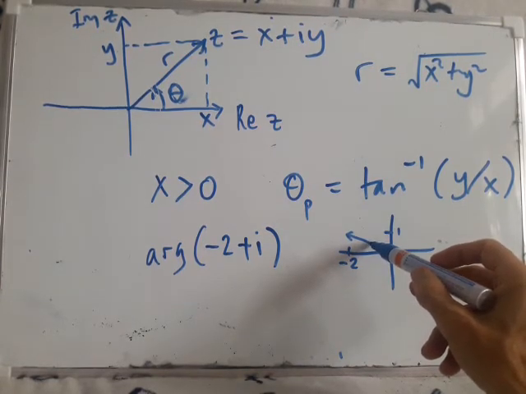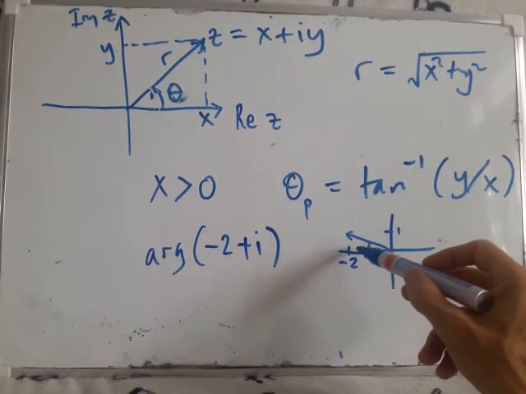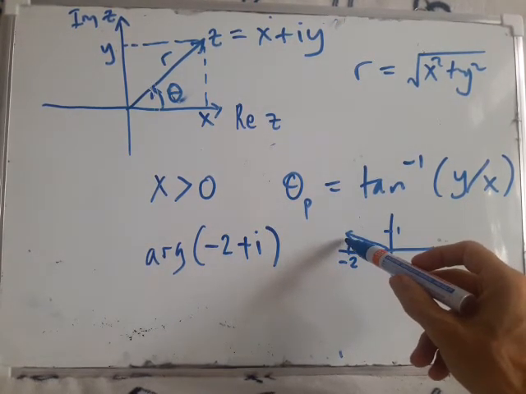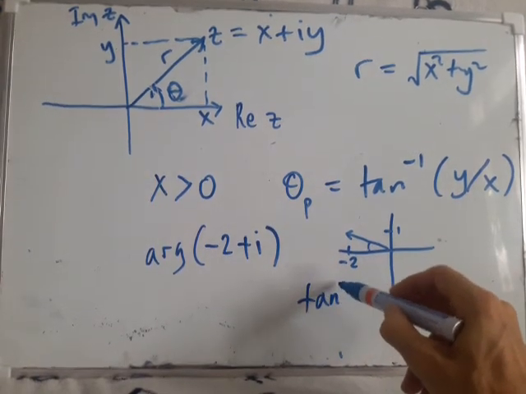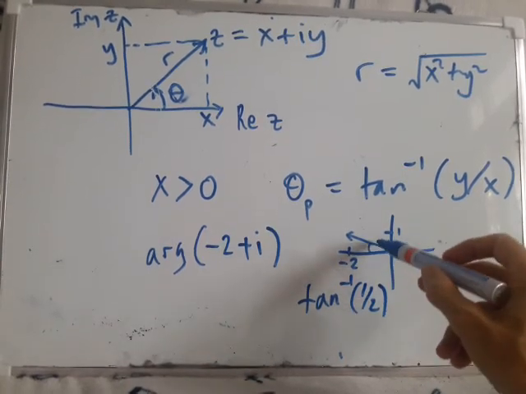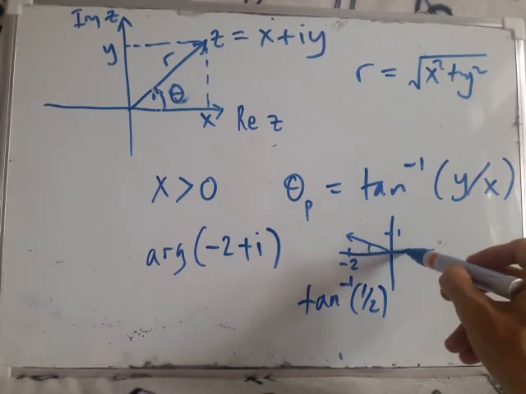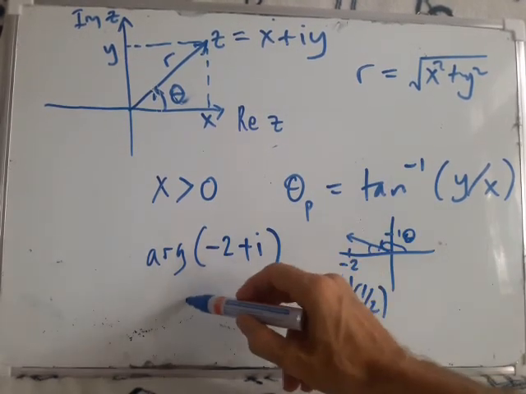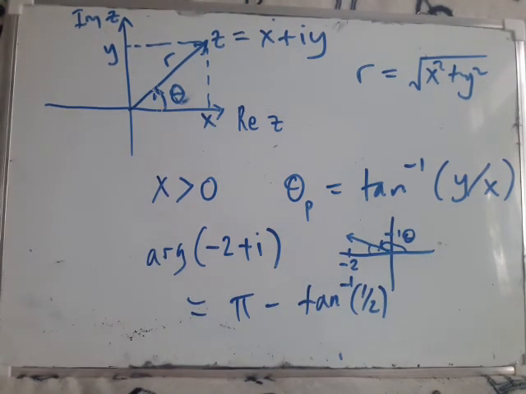One way of doing it is to work out this angle here, which your knowledge of trigonometry will tell you is opposite over adjacent, so it's inverse tan of a half, and I need to subtract this angle from pi to get theta. So theta in this case is simply pi minus inverse tan of a half.